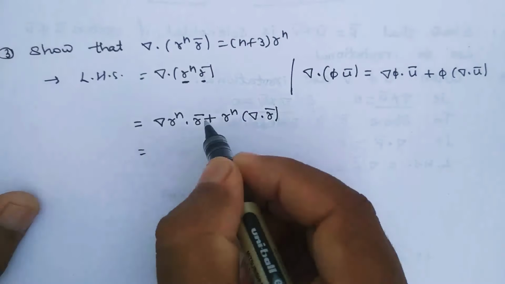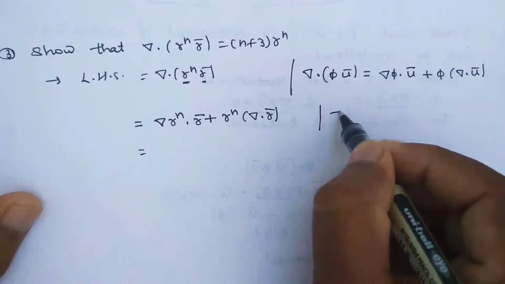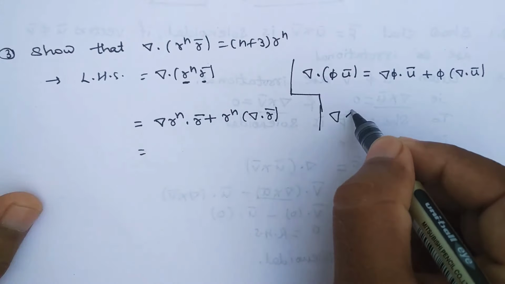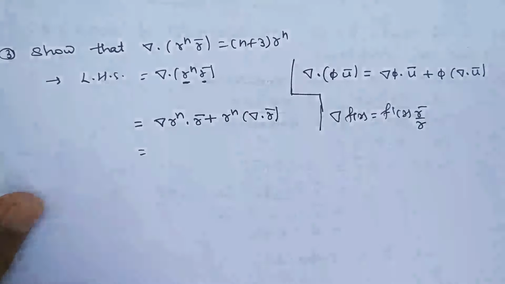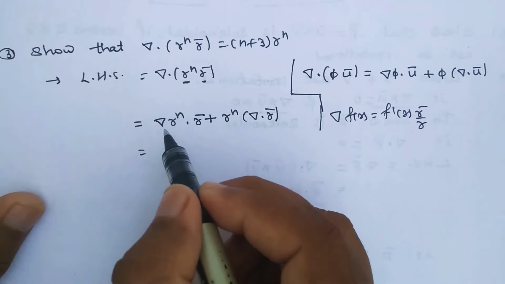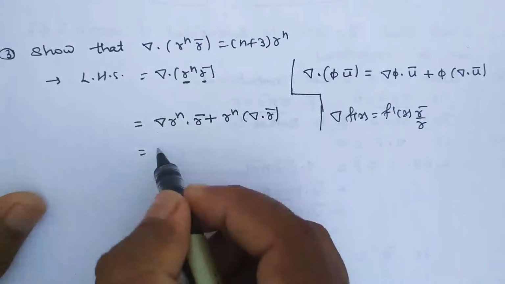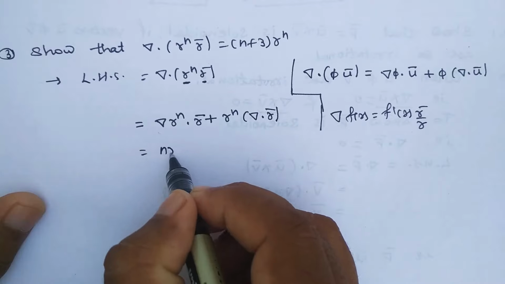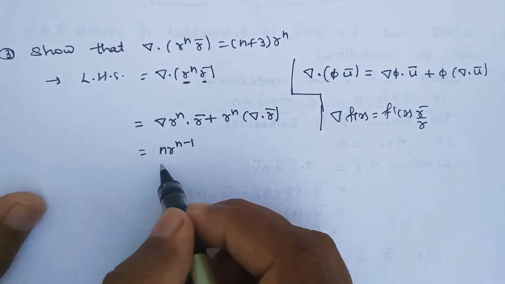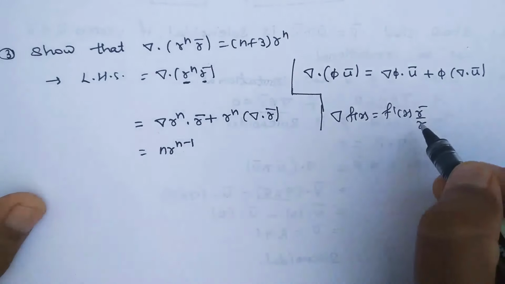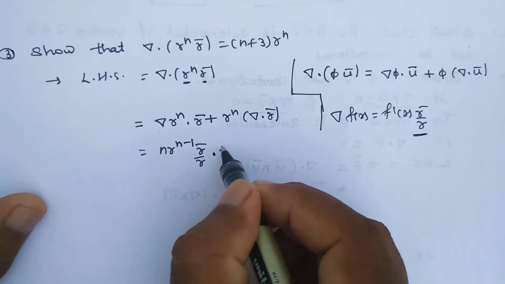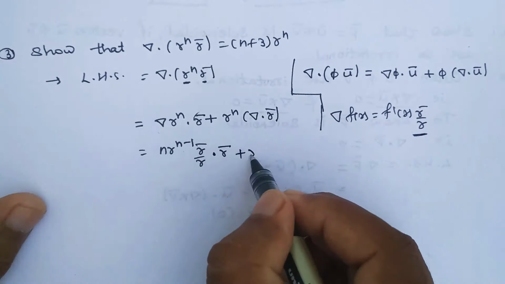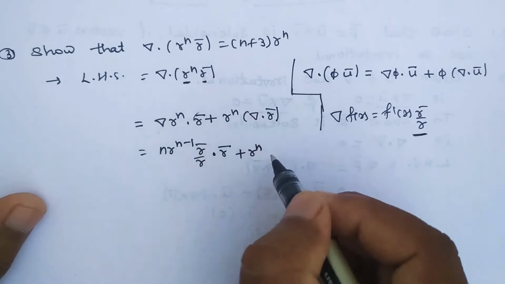Now for del of r raised to n, we have the result that del of f of r is equal to f dash of r into r bar upon r. Here r raised to n is a function of r, so using the same result, the derivative of r raised to n is n into r raised to n minus 1, into r bar upon r, dot r bar as it is, plus r raised to n into del dot r bar.